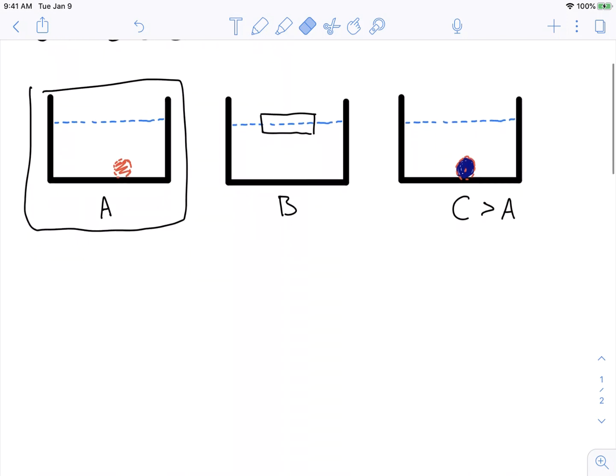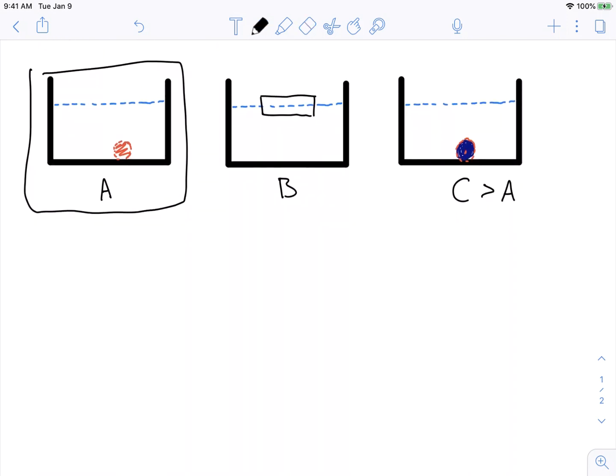The second one is not very straightforward and is really subtle, and I think really tests your knowledge of buoyancy. So is B greater or less than the weight in A? Well, what we have to do is figure out how much this block weighs and how much water has been displaced.